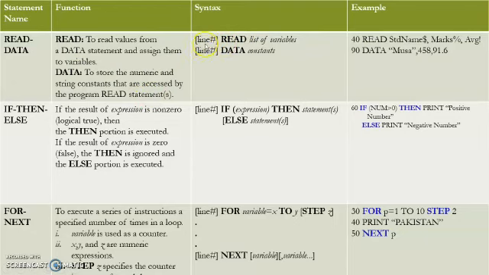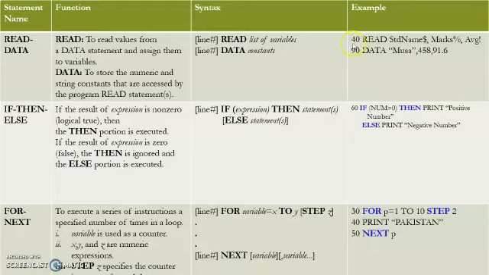The syntax is, we give the line number, then the READ statement, and the READ statement will have the list of variables, whereas on another line we will use the DATA statement with its line number, and the DATA statement will have the constants for the READ variables.